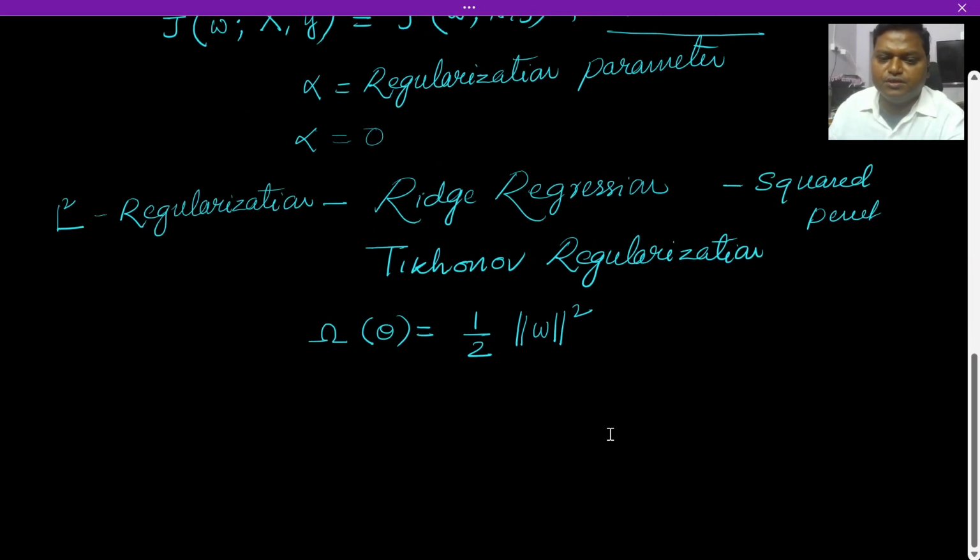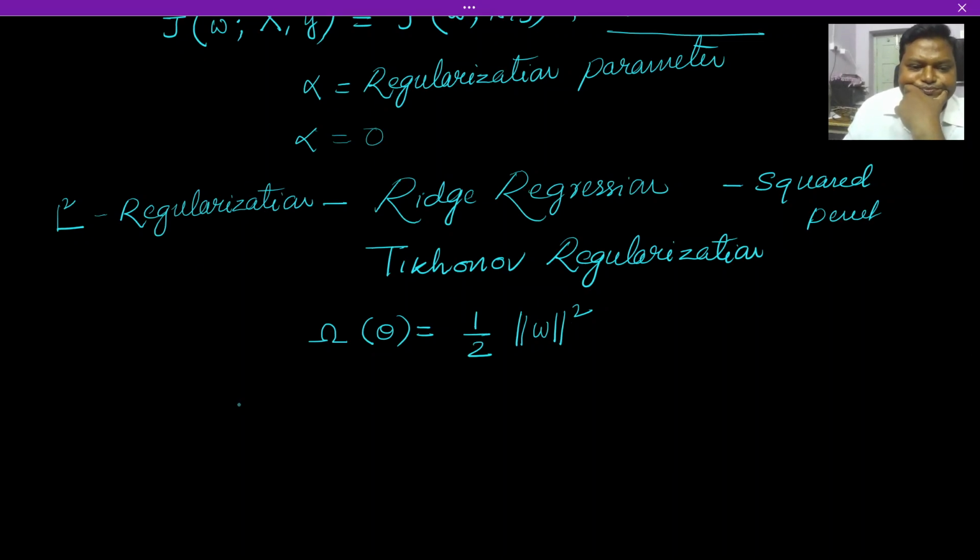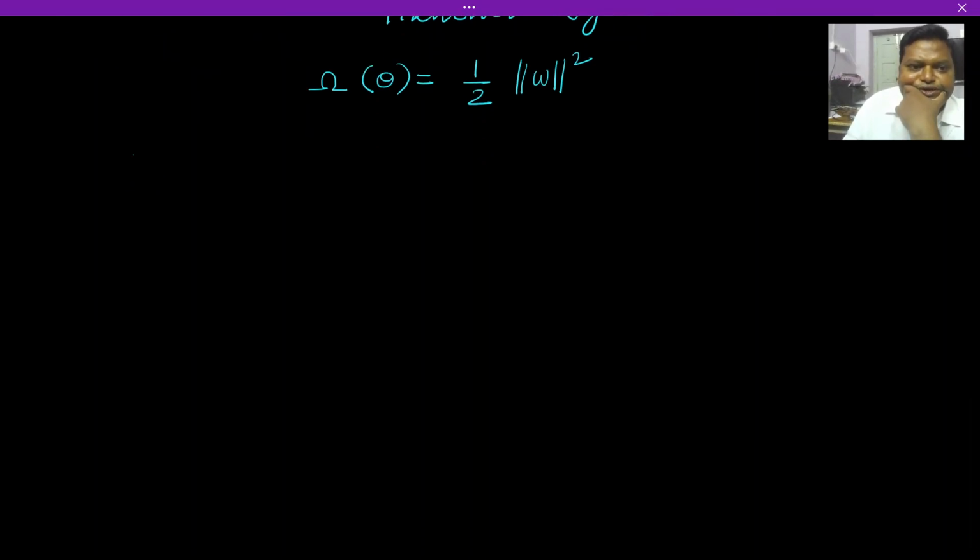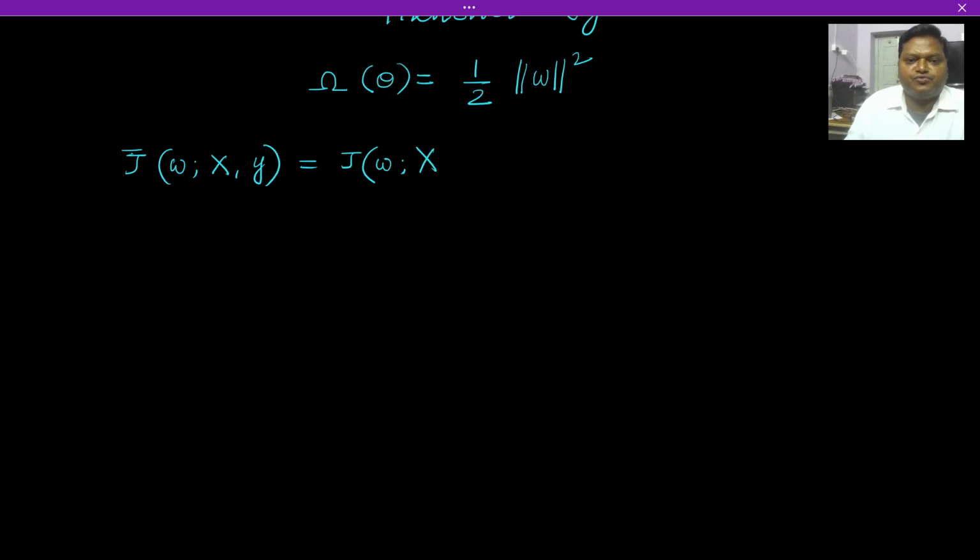So now our equation for the cost function after regularization becomes J bar, which is a function of weight W, given input X and label Y, equal to the existing cost function J plus alpha, the hyperparameter which determines the weightage of regularization, times the squared weights.